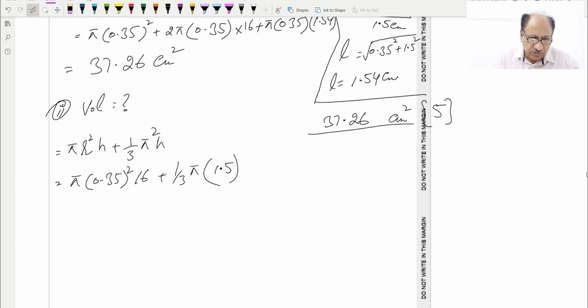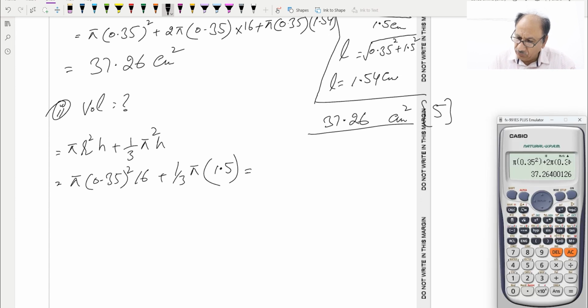So this value will give us the answer, which we can calculate with the help of a calculator.